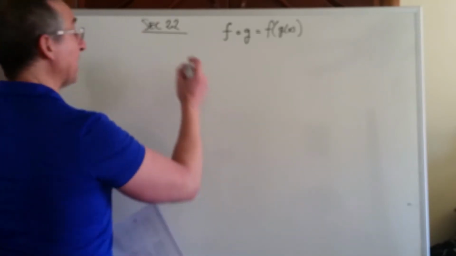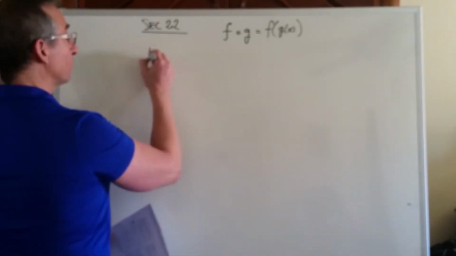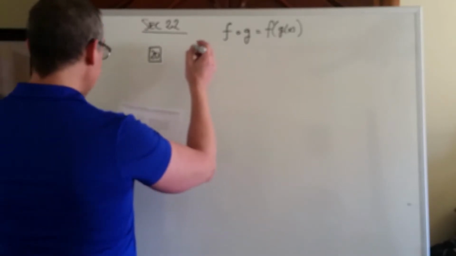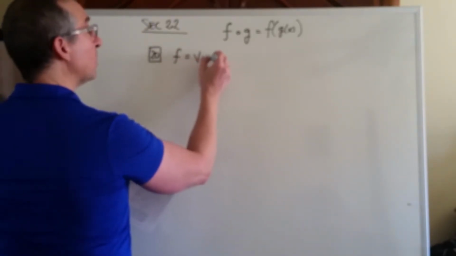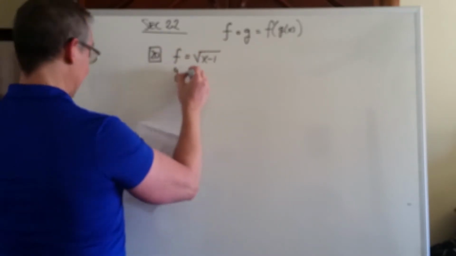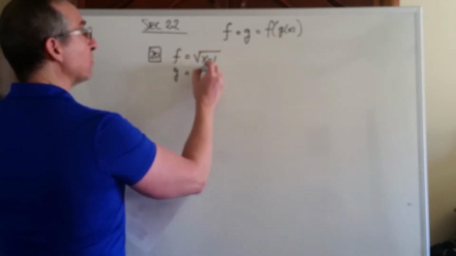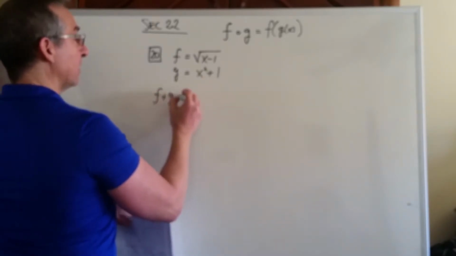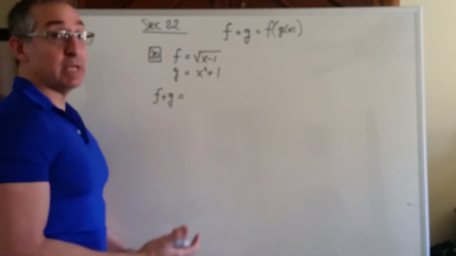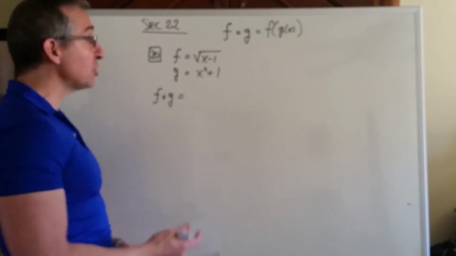In number 20, they give us the two functions. f is equal to the square root of x minus 1, and g is equal to x squared plus 1, right? It says find f plus g. Well, add them together. Again, just add the two functions together.